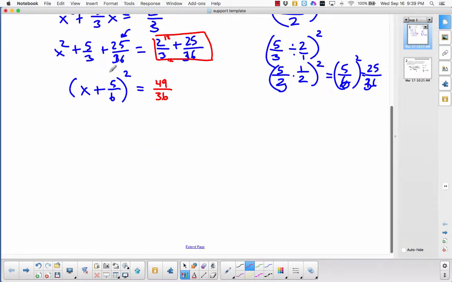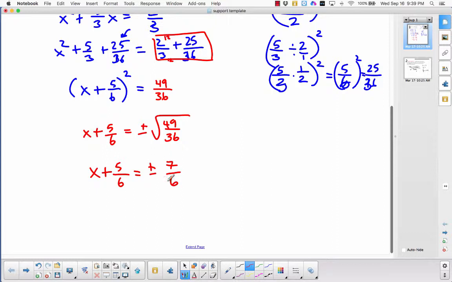Okay, now I use the square root principle, so it'll be x plus 5/6 is equal to the plus or minus square root of 49 over 36. It just so happened in this question that both of those are perfect numbers that I can take the square root of. So it'll be x plus 5/6 is equal to plus or minus 7 over 6.